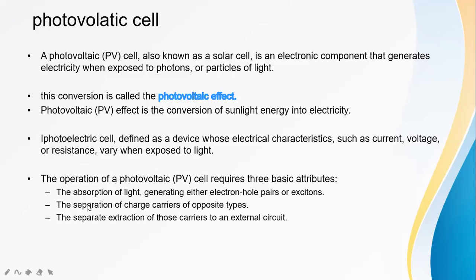The next step is the separation of charge carriers of opposite types, and then the extraction of those carriers to an external circuit. Whenever light falls, there will be a generation of electron hole pairs, and after that, separation of charge carriers will take place. Then the extraction of these carriers to an external circuit. These carriers will be moved to the negative and positive terminals.